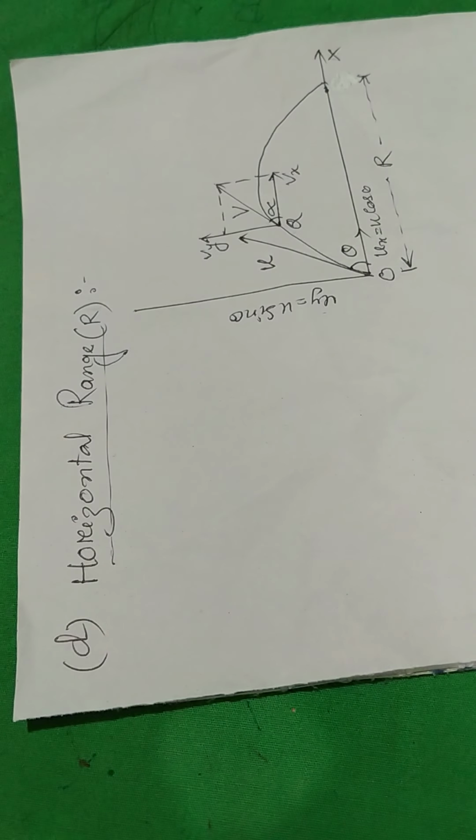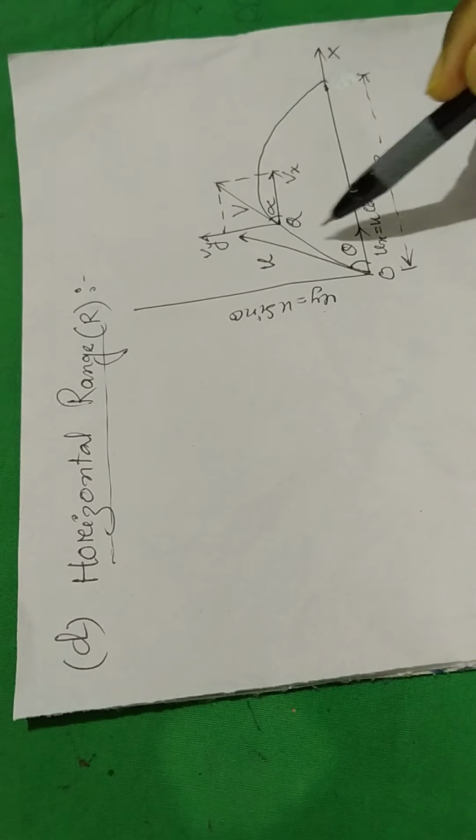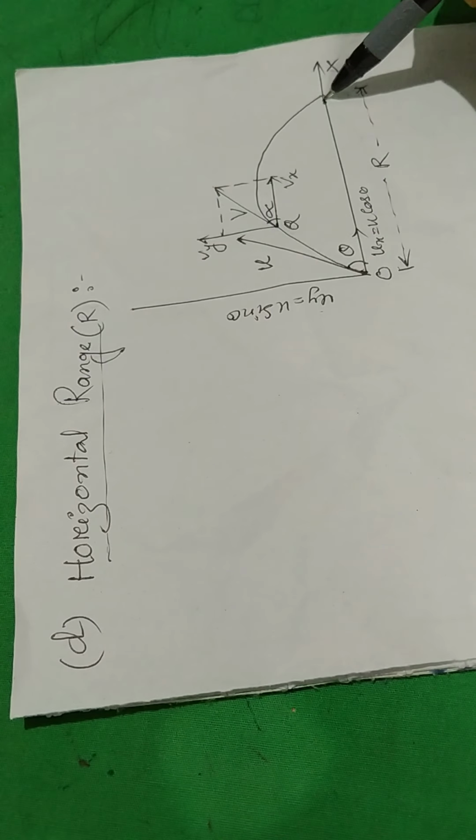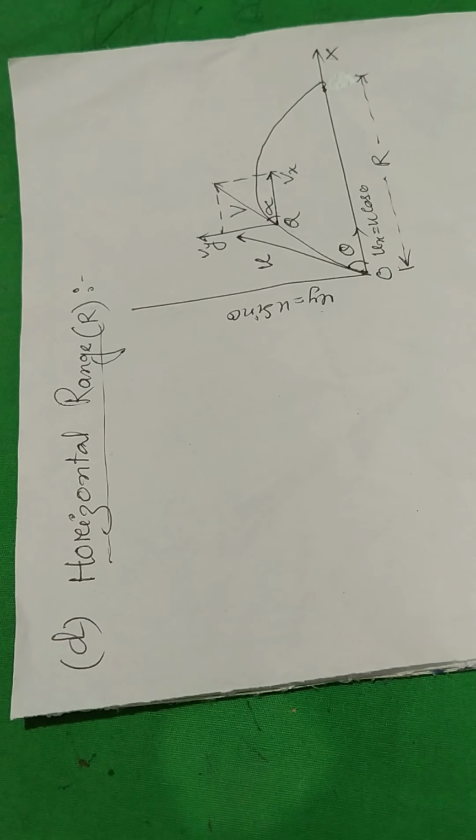What is horizontal range? The distance traveled by a projectile along the horizontal direction between the point of projection to the point on the ground where the projectile reaches again is called horizontal range.